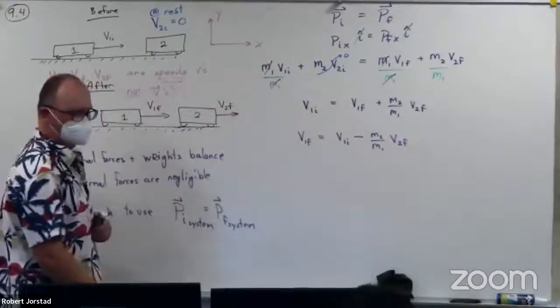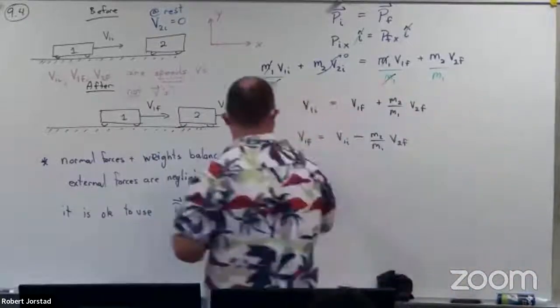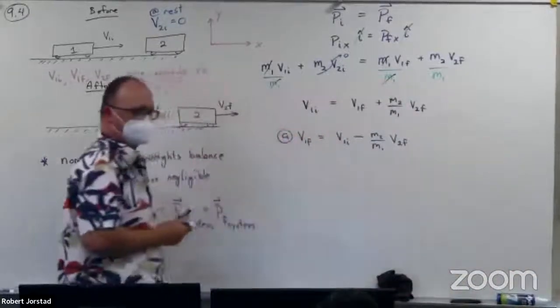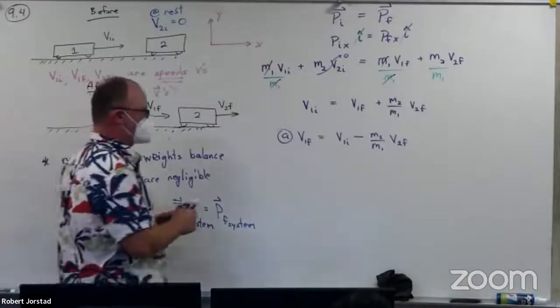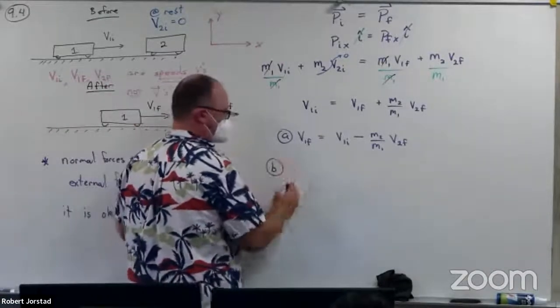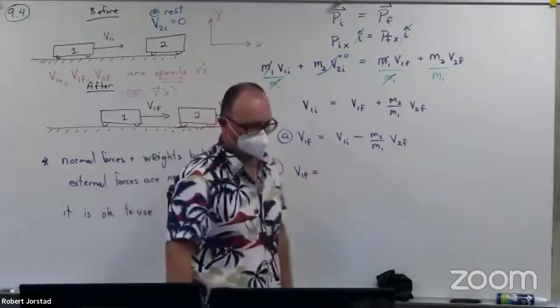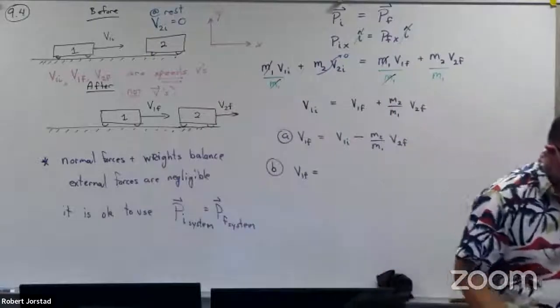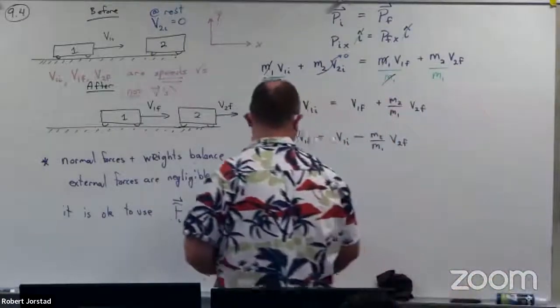That was part A. So far, so good. Next, part B. Plug in the numbers. What do we got? 6.51. Okay, let's not worry about sig figs here too much, right?